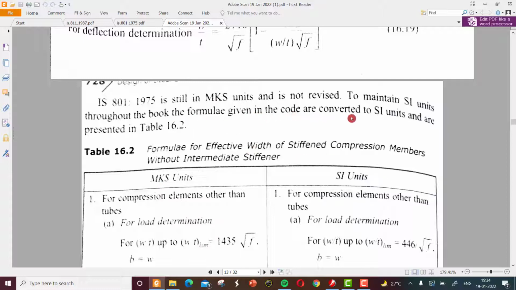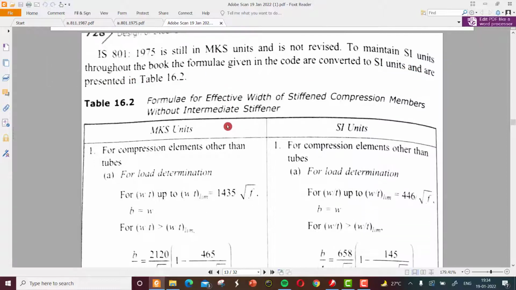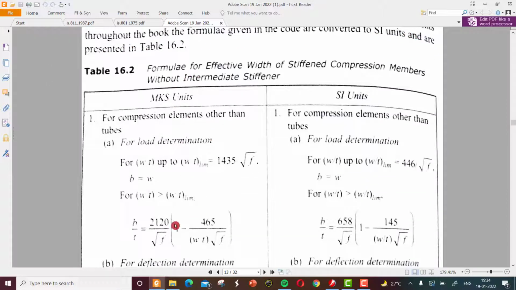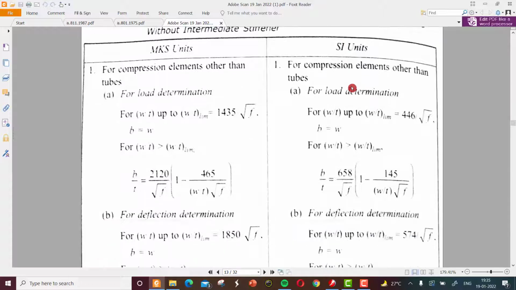The formulas given in the code are converted to SI units and are presented in table 16. So this left side MKS unit will be the equations which will be in the code, and in this textbook and in most of the textbooks they converted MKS to SI units.